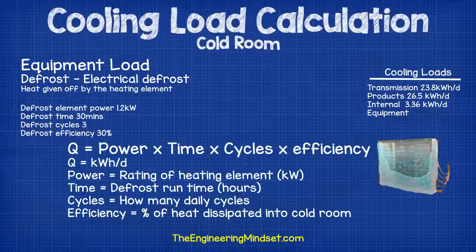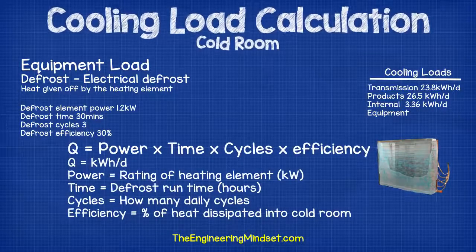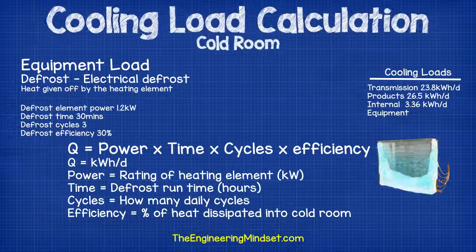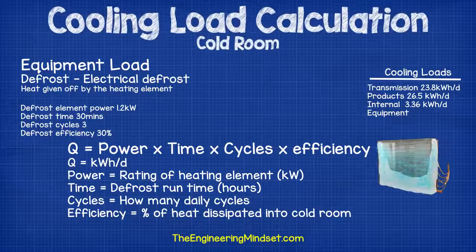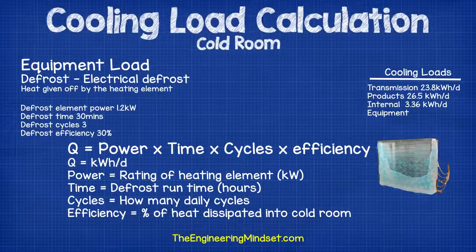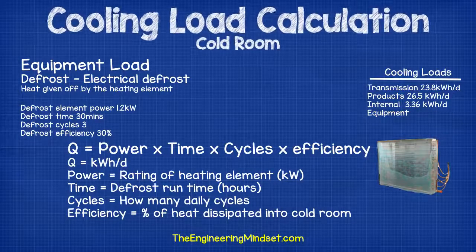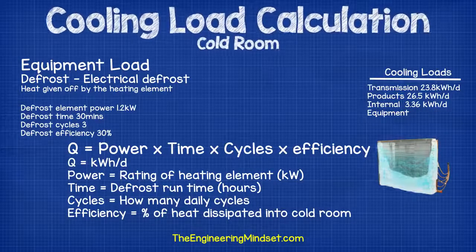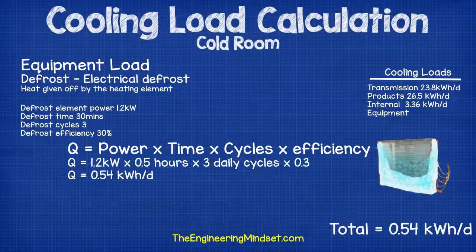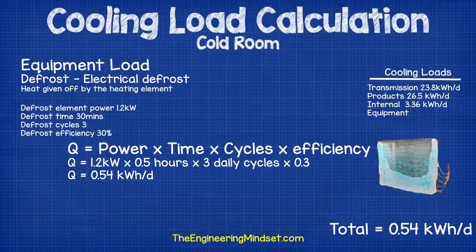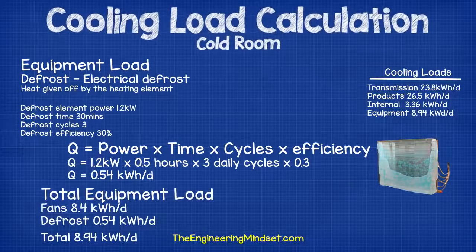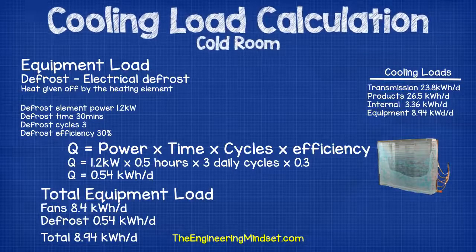We will then use the formula power multiplied by time multiplied by cycles multiplied by efficiency, where Q equals kilowatt hours per day, power equals the power rating of the heating element, time equals the defrost runtime, cycles is how many times per day the defrost cycle will occur, and the efficiency is which percent of the heat will be transferred into the space. So if we drop those numbers in, we'll see that the value comes out at 0.54 kilowatt hours per day. The total equipment load is then the fan heat load plus the defrost heat load, which is 8.94 kilowatt hours per day.